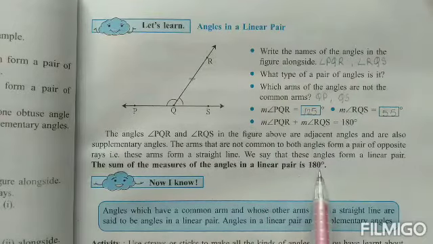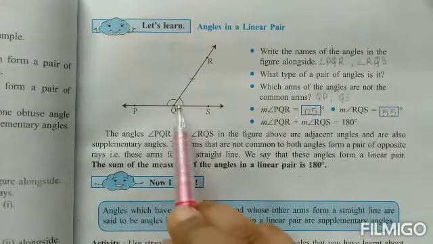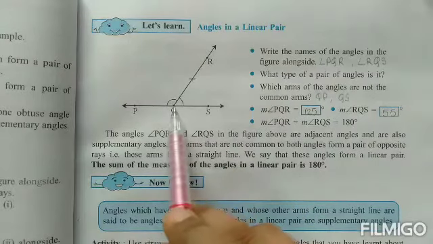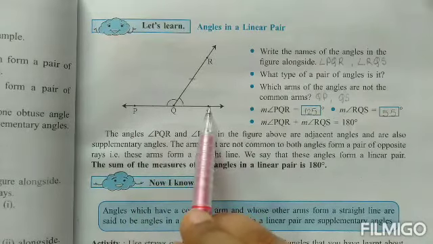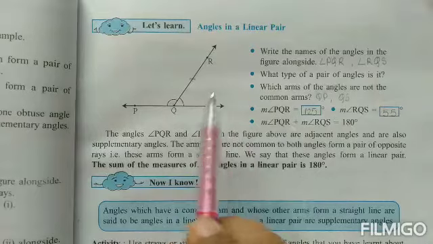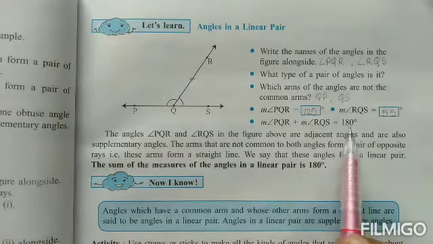Let me explain one more time. In the given figure, QR is a common arm. QP and QS are opposite rays that form a straight line. Such a pair of angles is called linear pair angles, and the sum of linear pair angles is 180 degrees.